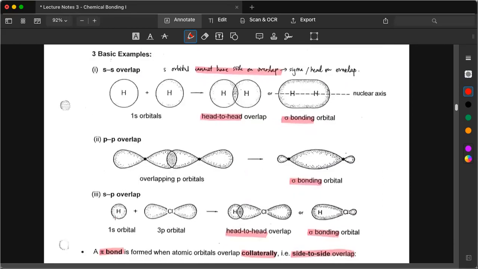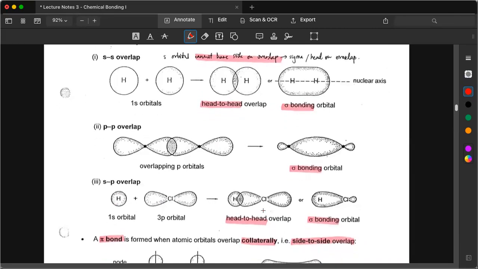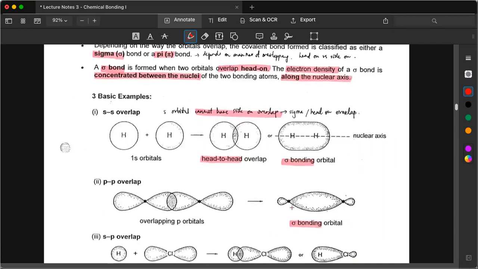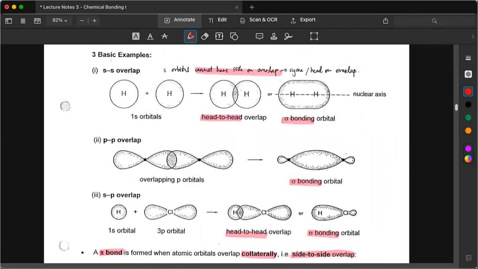We have s-p overlap, meaning we may have one s orbital overlapping with a 3p orbital to form head-to-head overlap. So we could have hydrogen with only one s orbital, but chlorine with a 3p orbital. These two orbitals will overlap when they form the covalent bond, and we form a sigma bonding orbital. So head-to-head is a sigma bond.